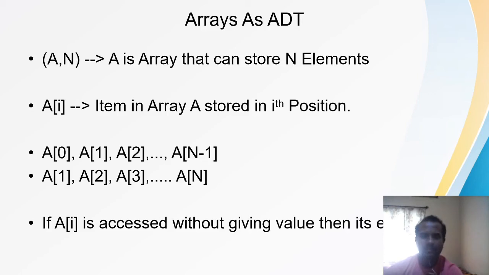But let us come to the non-primitive data type, or the user-defined data type. What about the user-defined data type? In the user-defined data type, that is structure, union or enum, what is done? We are going to have a combination of every data type.